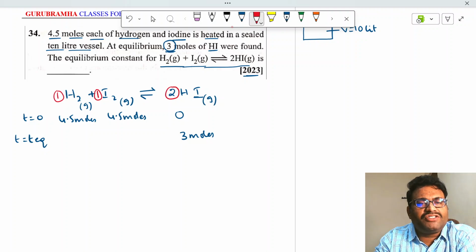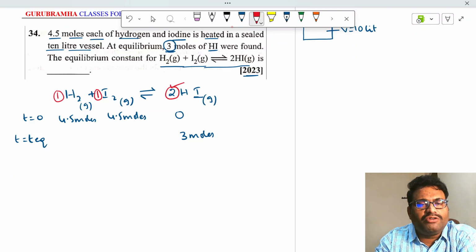The stoichiometric coefficient for HI is 2.